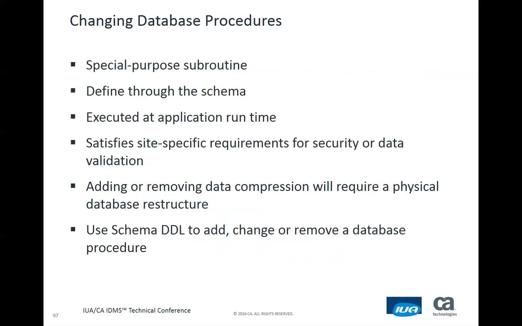Think of these routines as exit routines. The DBMS will realize that there's a database procedure defined against a particular record type, and when the specified command is executed, the database management system will make a call to these routines to perform whatever special functions are necessary. These routines can be used for a number of different things.